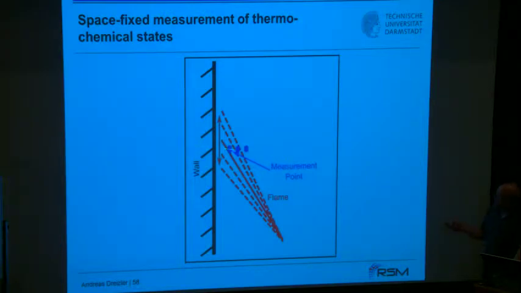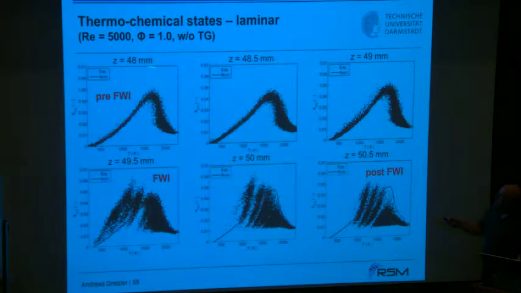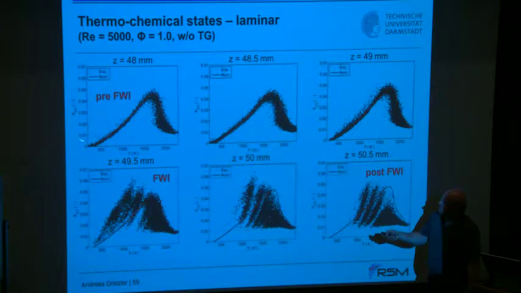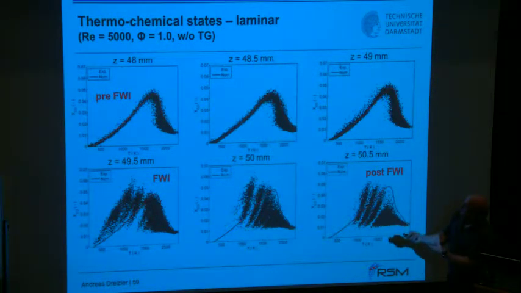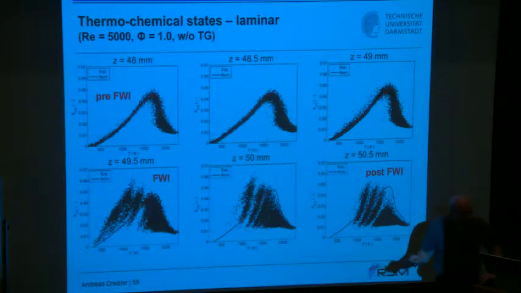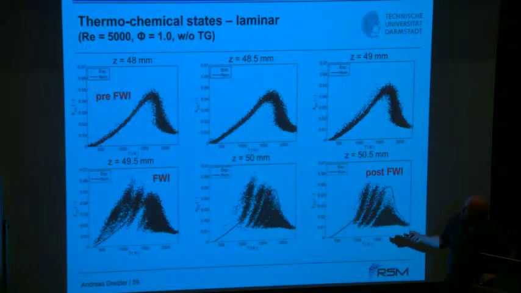What I show you now is taking all the data at a certain axial height, 48 to 50.5 millimeters downstream of the nozzle, and plotting everything, CO over T. First of all, what you see is that each realization is confined to a small part here in the production of the CO and the consumption of the CO, and it compares very well to a numerical simulation, a 1D flame simulation with full transport and chemistry.